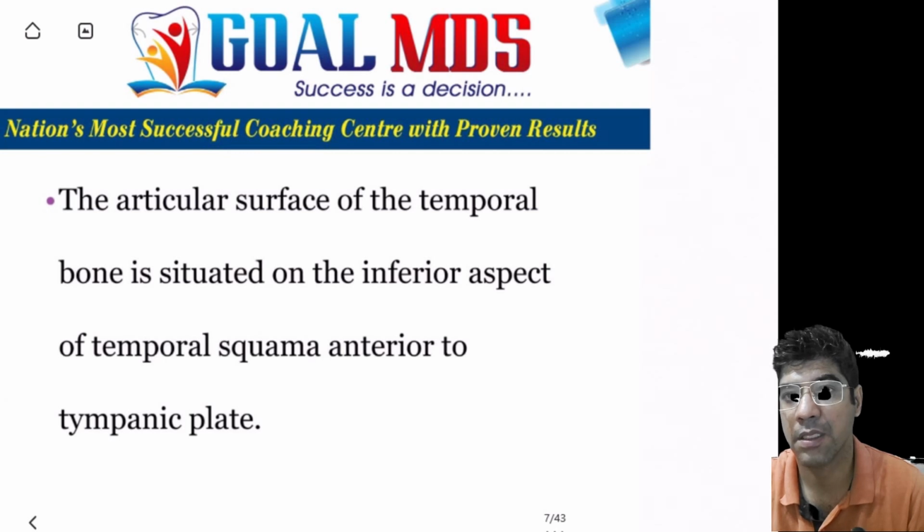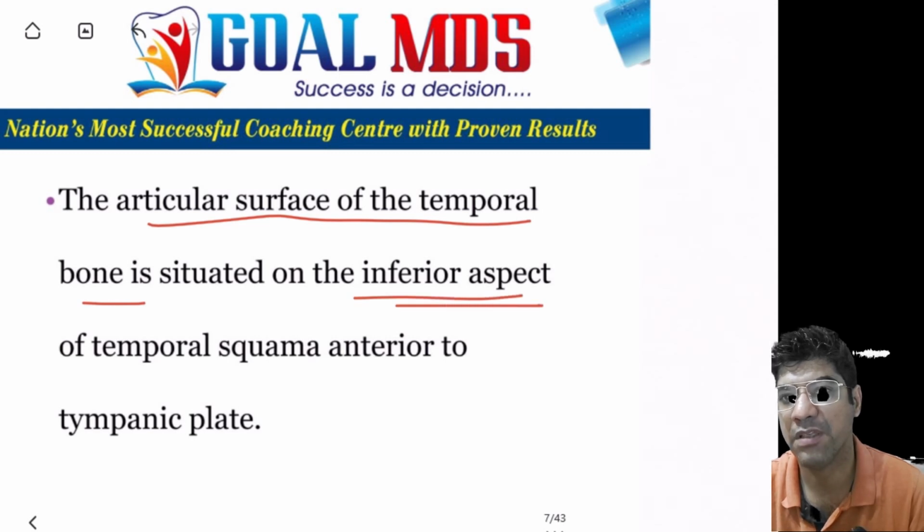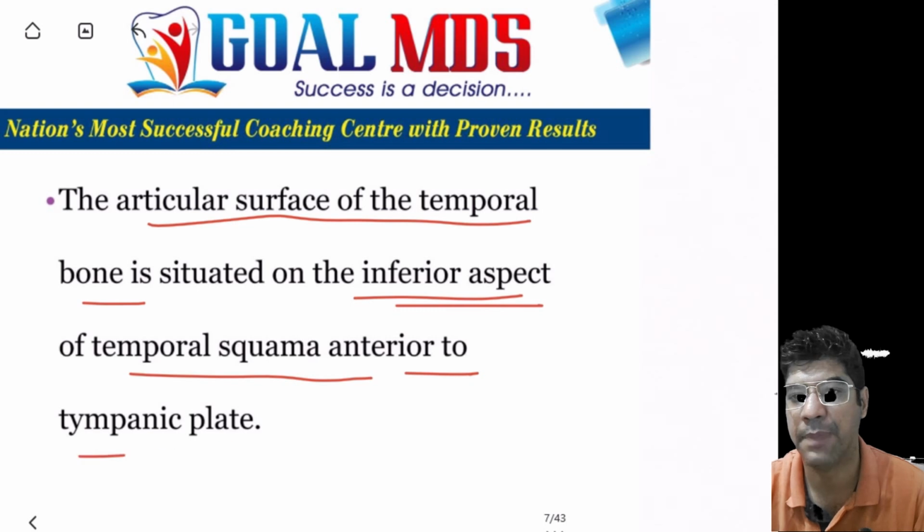So remember, the articular surface of the temporal bone is situated on the inferior aspect of the temporal squama, anterior to the tympanic plate.